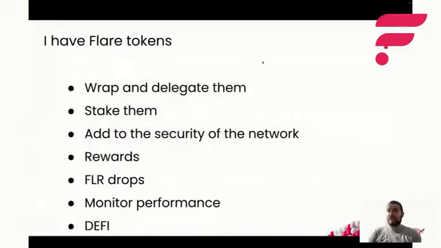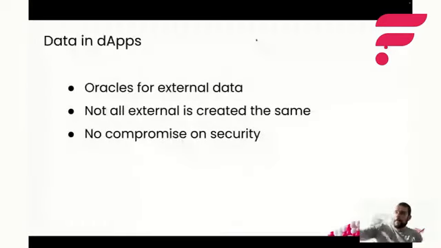So we now know why we need data. We know how we get it on FLR. We know what's happening with it and how you can secure it. And just again, regarding the oracles we use, the main thing is we're not adding data if there's any compromise on security.